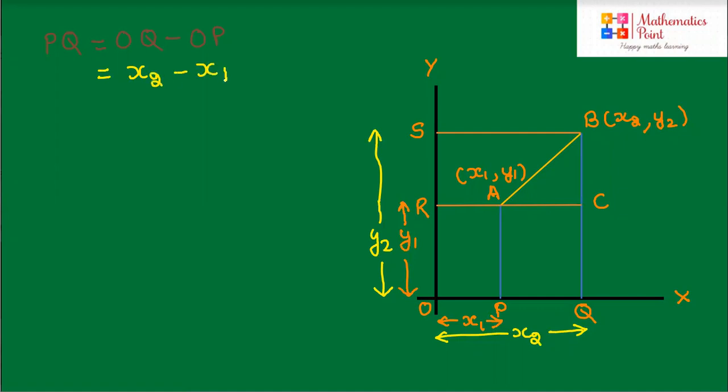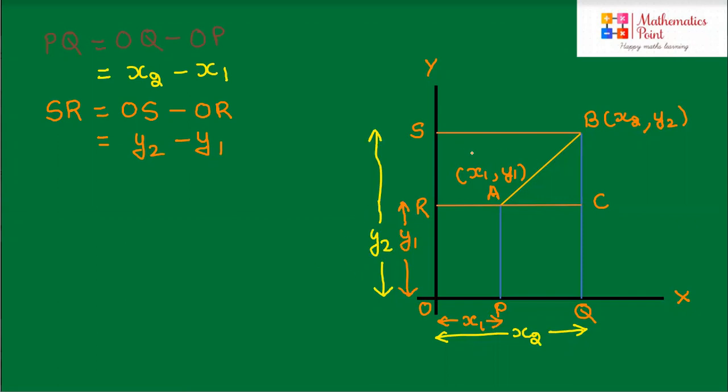That is x1. Now we will find the distance SR. So the distance SR will be equal to OS minus OR. From the figure, it is clear that OS is y2 and OR is y1. So this distance will be y2 minus y1.